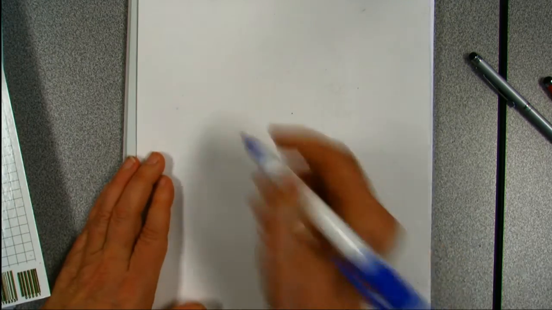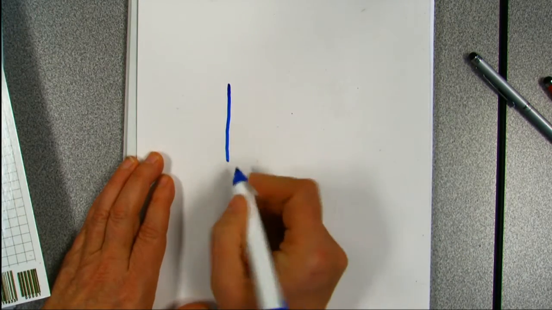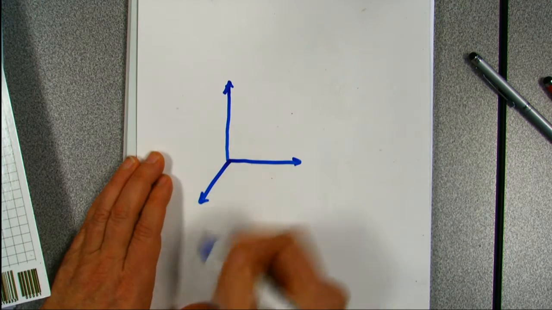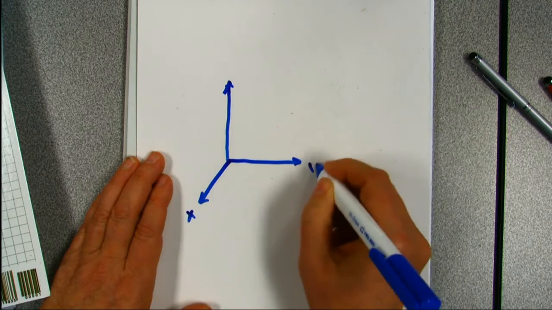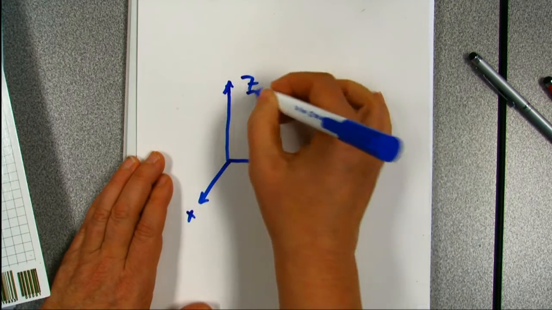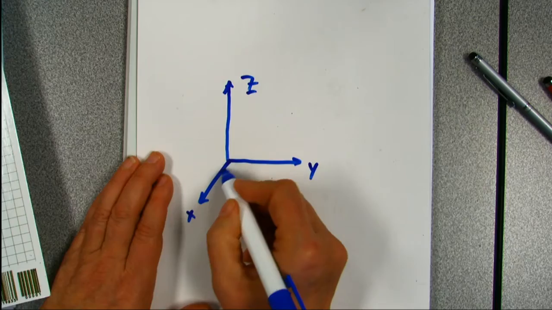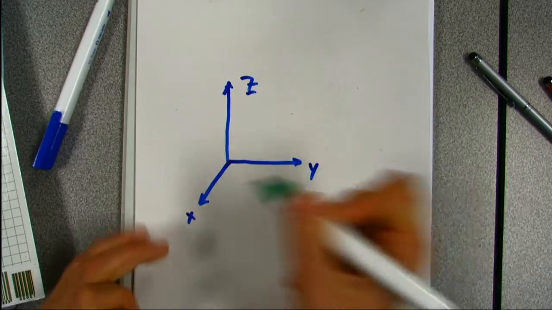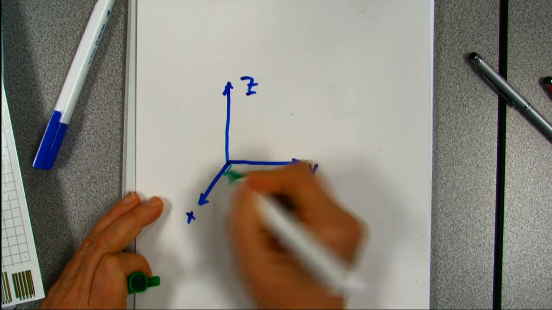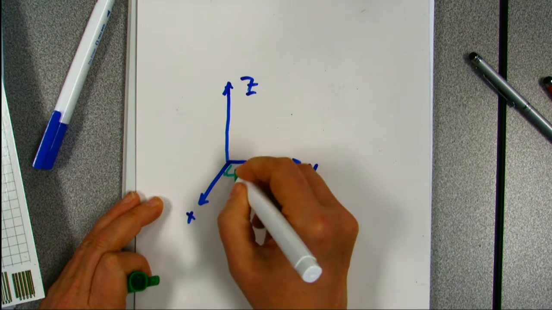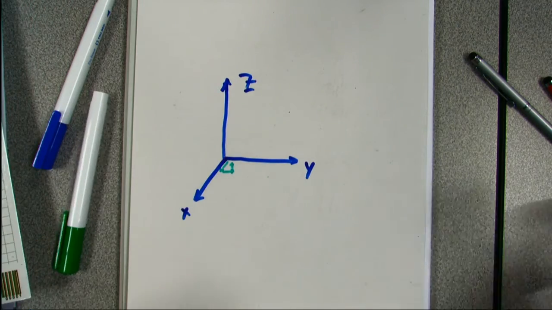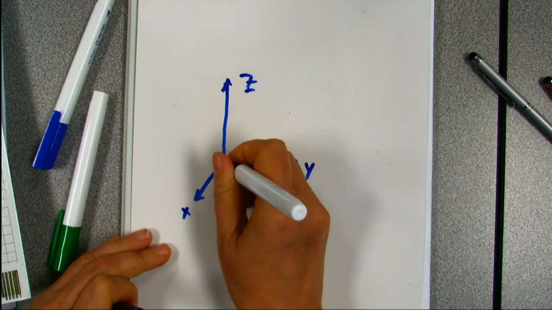Because eventually when we deal with 3 dimensions, so if I have my system here, this is my x, y, and z, my unit vector is going to come out, I'll do it in green, here's my unit vector, and then my actual vector, if I do a black, is going to be from here to here.